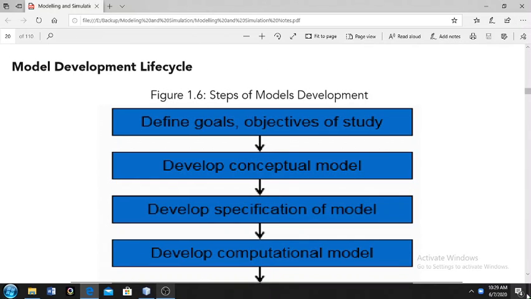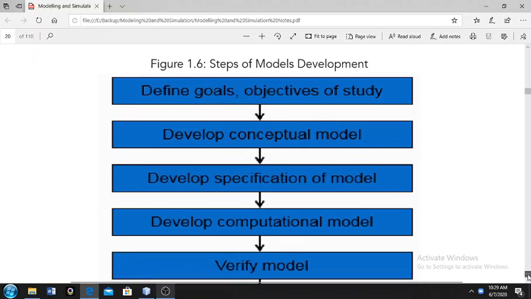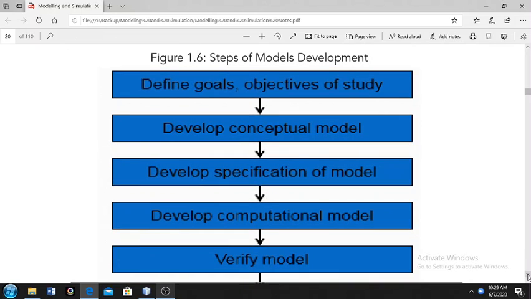Now, how do you develop a model in simulation? It's quite similar to what you know in software engineering, the system development life cycle. It looks like kind of a waterfall, the waterfall that you guys put in all your books. I don't know who told you guys that only waterfall exists.